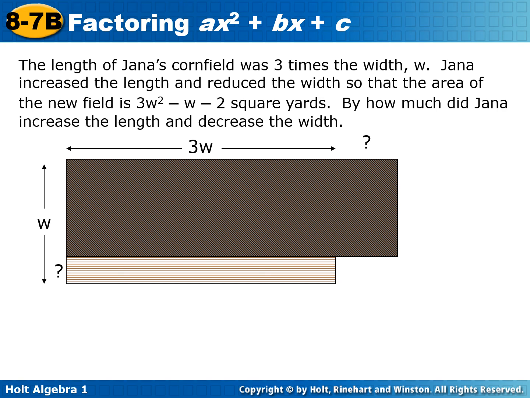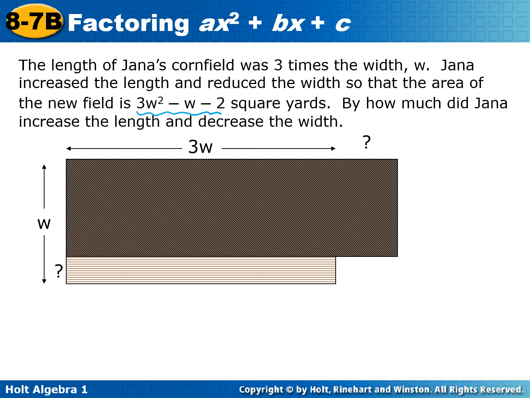All right, so here's her original field. And then the original field was the lighter brown, and the new field is this darker brown. So I know my original width was w, and my original length was 3w. I know my new area is this. And I'm trying to figure out how much we increased the length and decreased the width.